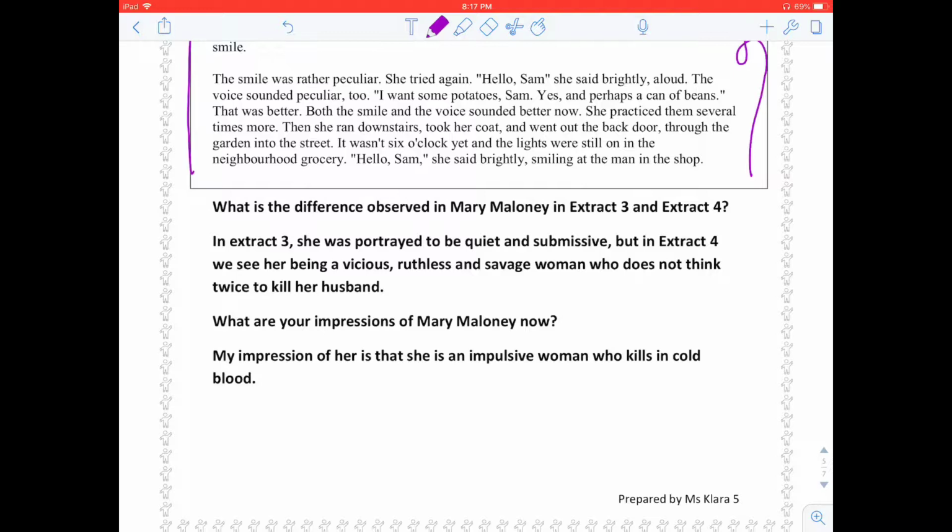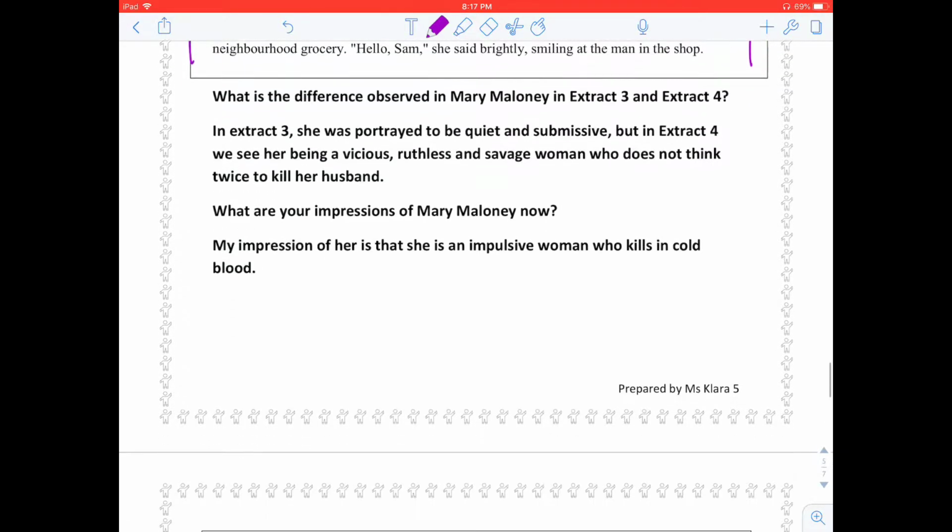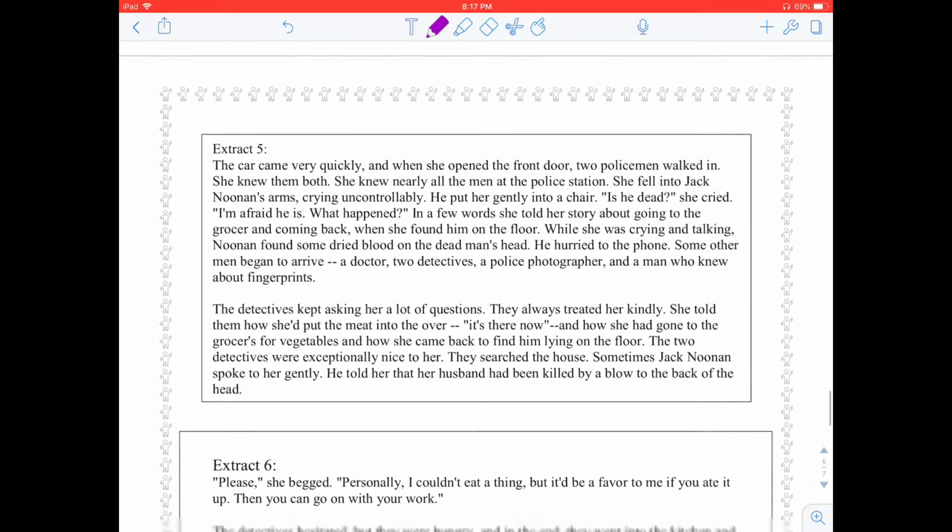In Extract 3, she was portrayed to be quiet and submissive, but in Extract 4, we see her as a vicious, ruthless and savage woman who does not think twice to kill her husband. So in Extract 4, she completely changed and debunked all our perceptions of her. You can pause this if you want.